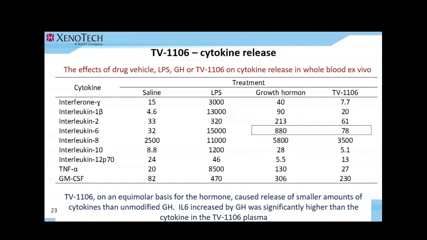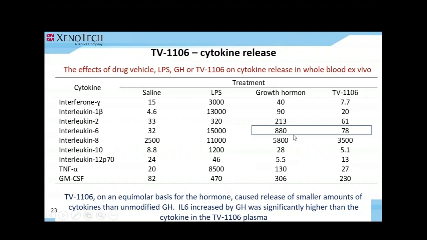TV1106 plasma had less cytokines than growth hormone plasma, with exception of interleukin-12, which was not statistically significant. Only statistical significant difference was that for pro-inflammatory interleukin-6.